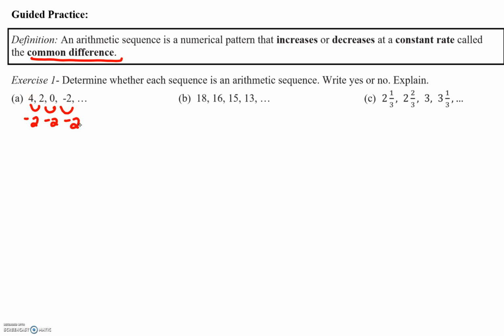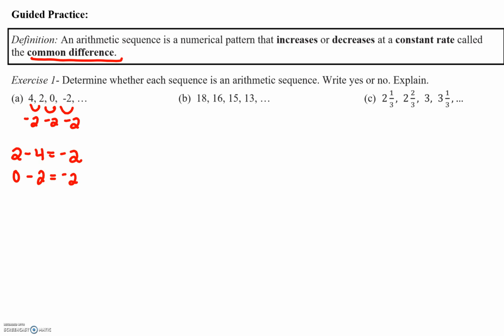If you were unaware of how to get that negative 2, that common difference, you could just take the second term, which is 2, and subtract it by the first term. Or take the third term, which is 0, and subtract it by the term before, which is 2. And then you'll notice that it's all negative 2s. Again, you don't need to show that work.